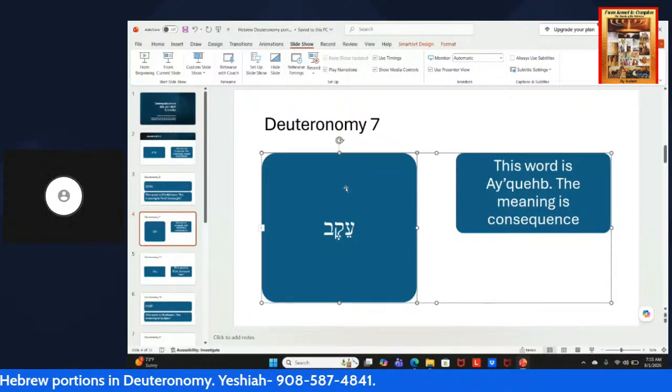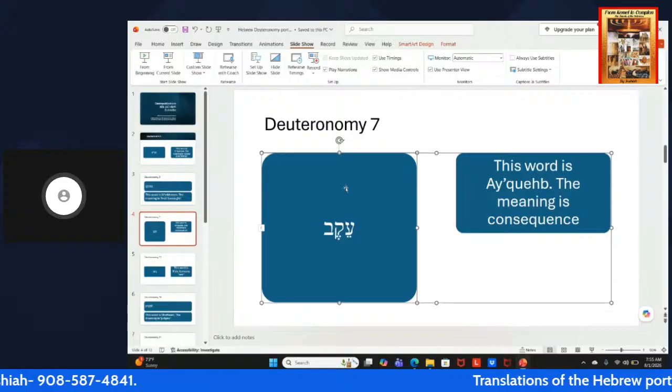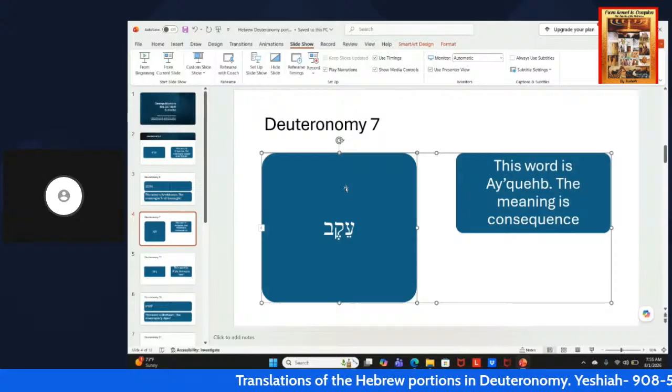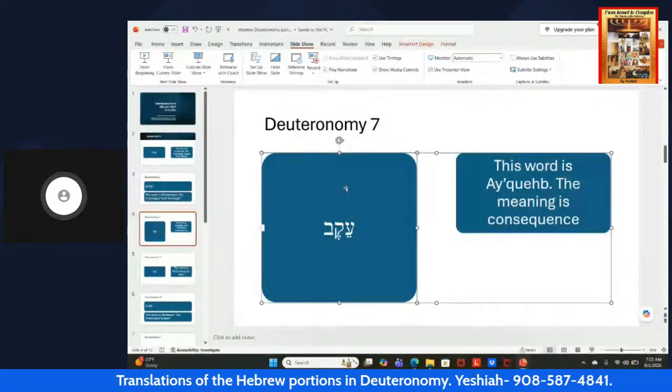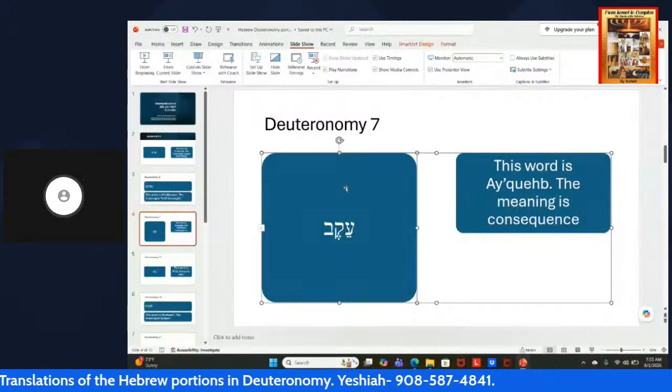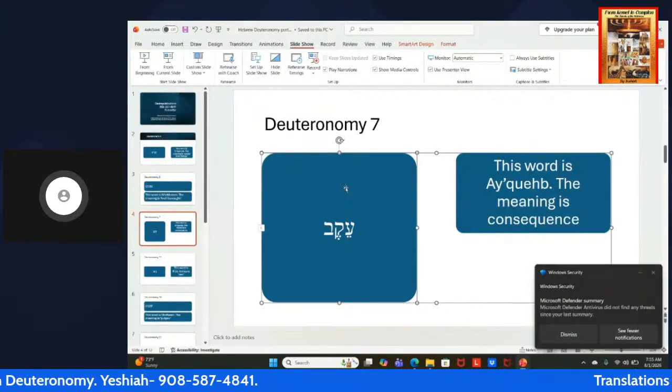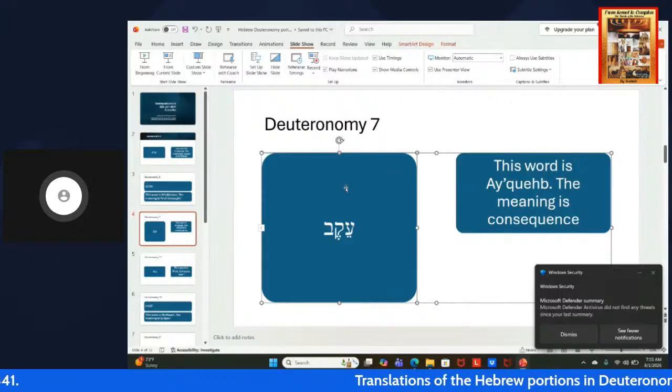Now, in this particular case, we're talking, brothers and sisters, about the result of doing something that is good. Like if you keep the commandments, this good and that good will happen. That's the consequences of your actions. Consequence, and not trying to be funny, I have respect for the artist Lauryn Hill.